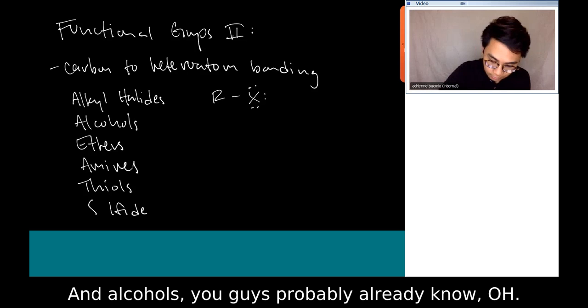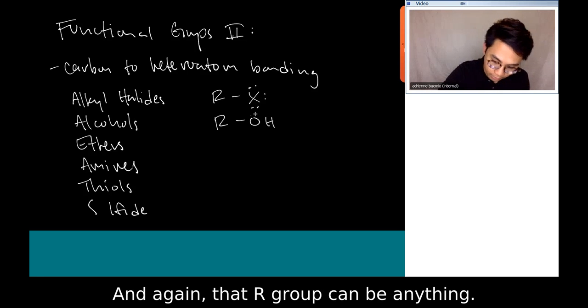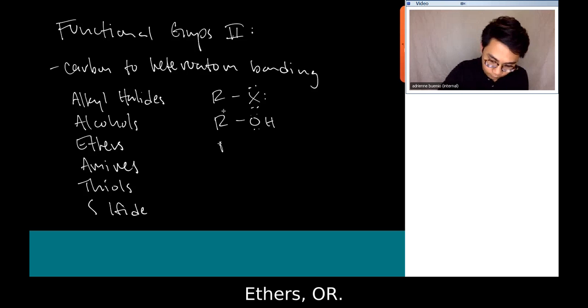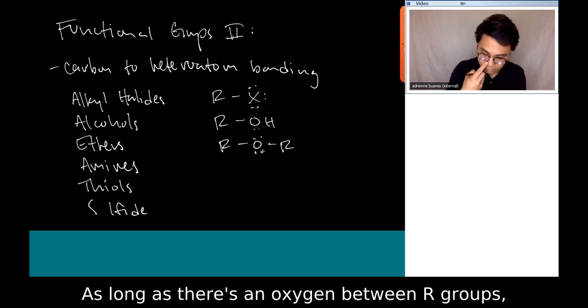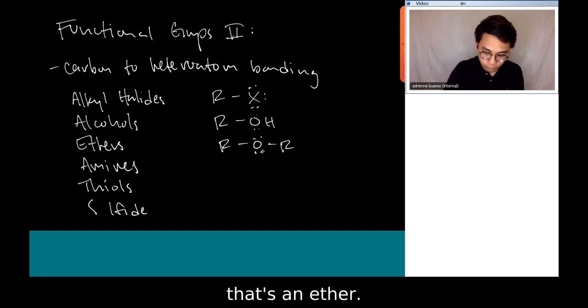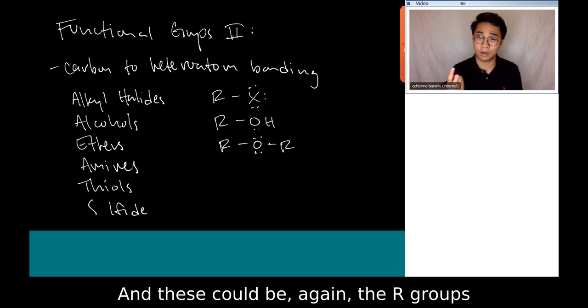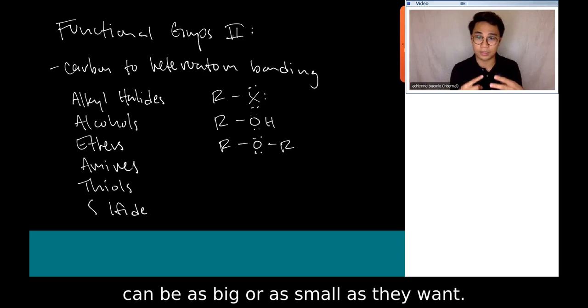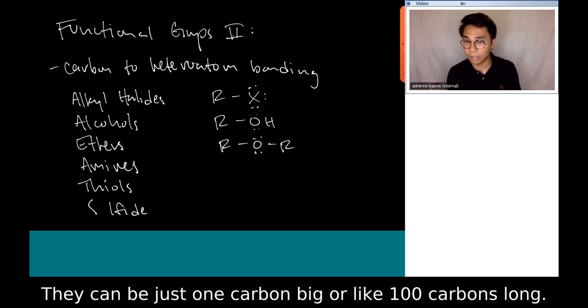And alcohols, you guys probably already know, OH, right? And again, that R group can be anything. Ethers, OR, right? As long as there's an oxygen between R groups, that's an ether. And again, the R groups can be as big or as small as they want, right? They could be just one carbon big, or like 100 carbons long, right?